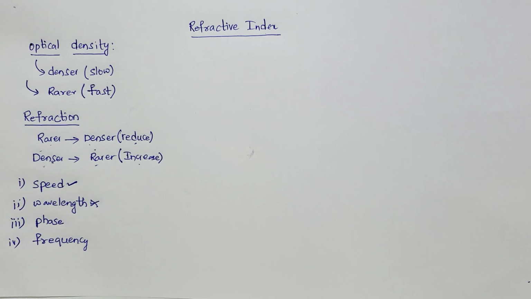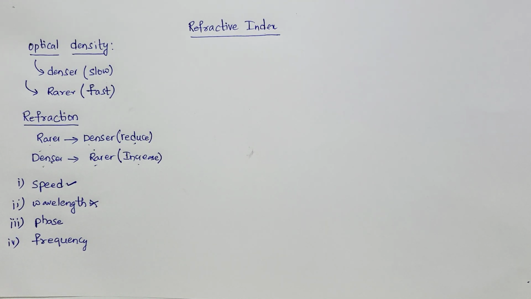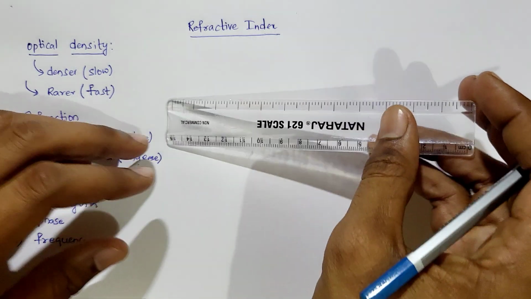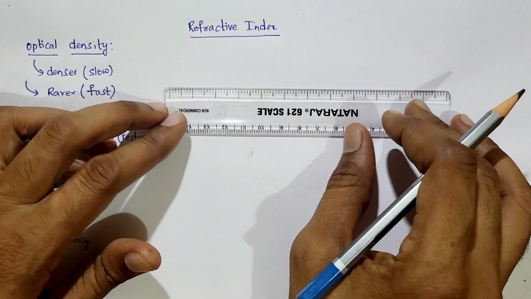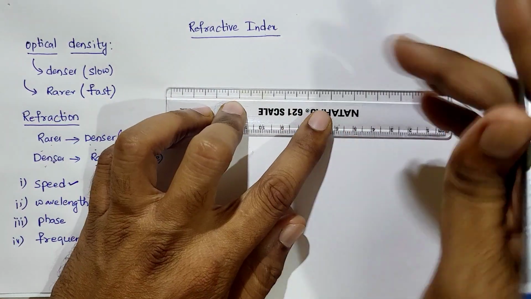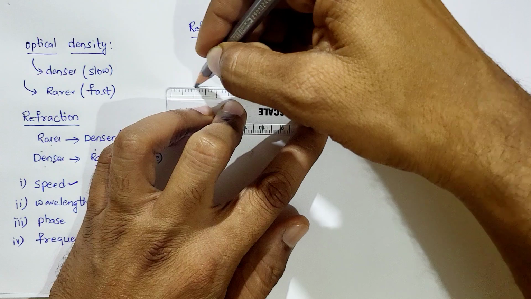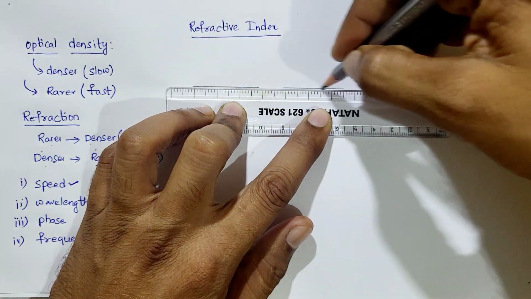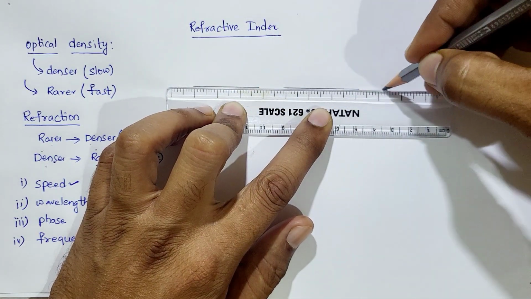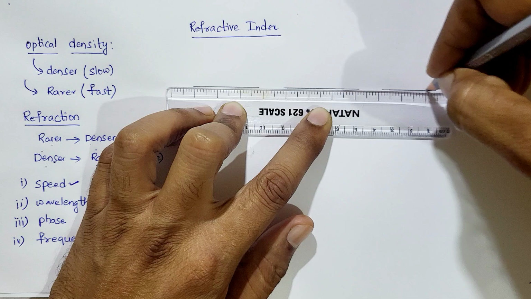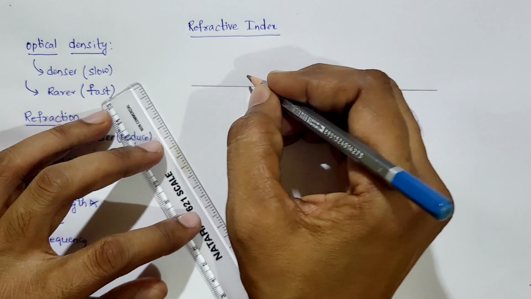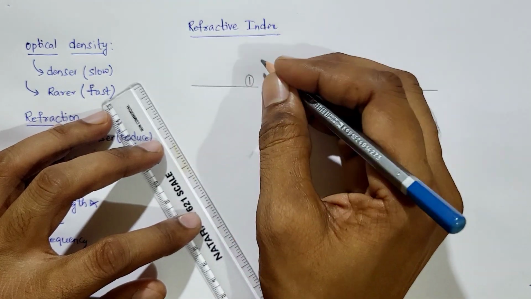But there are so many denser mediums, there are so many rarer mediums. Imagine now, just imagine, there are three cases with a first medium, second and third. This is medium 1, let us take it as air.